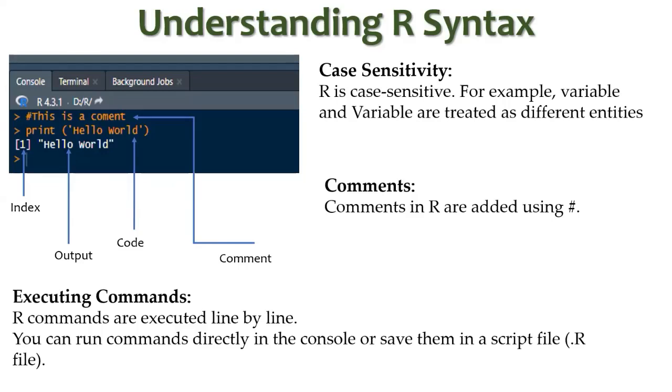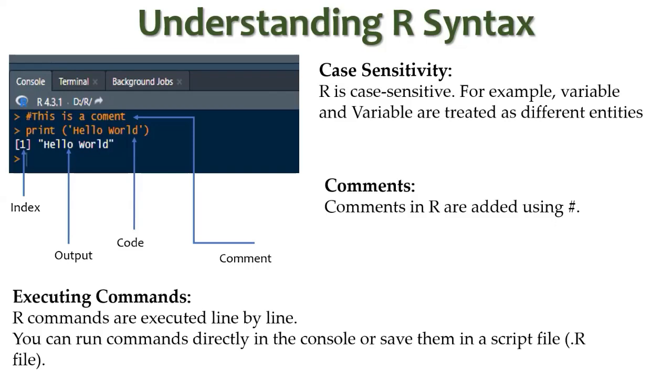As you can see here, this is a snapshot of the R console. I have my comment with the hashtag and then print. The print is actually a command, used to show the output of variables. Inside the print I write "hello world". So when I print it, it will show hello world.